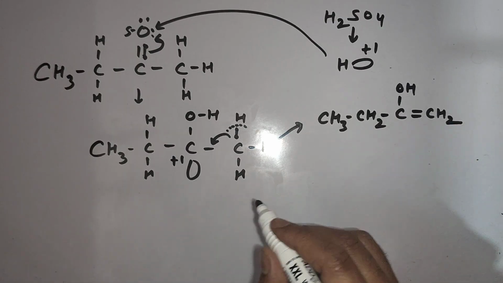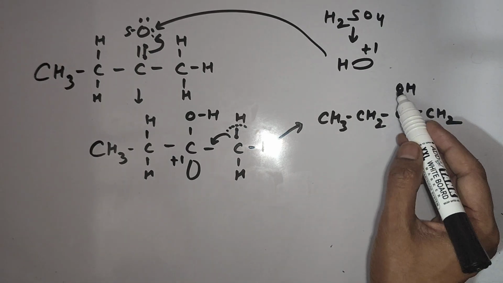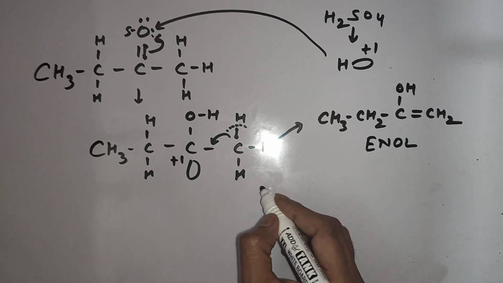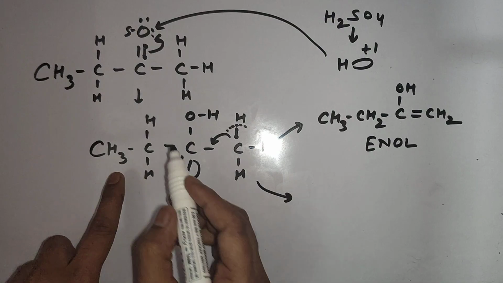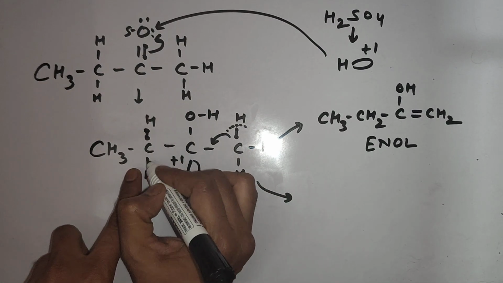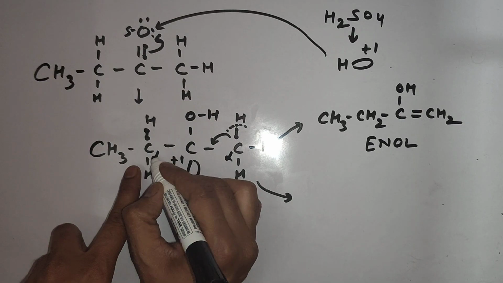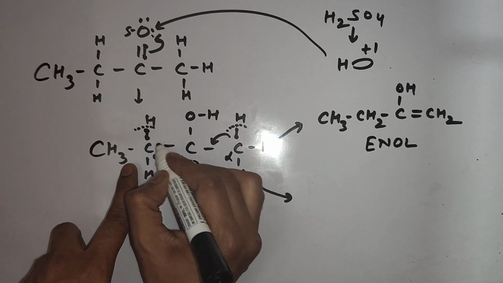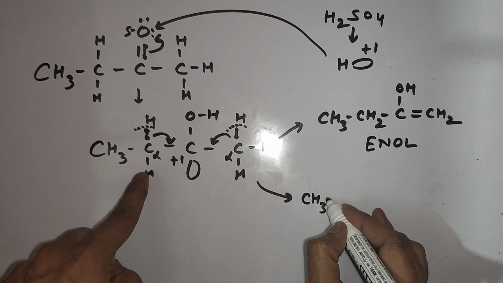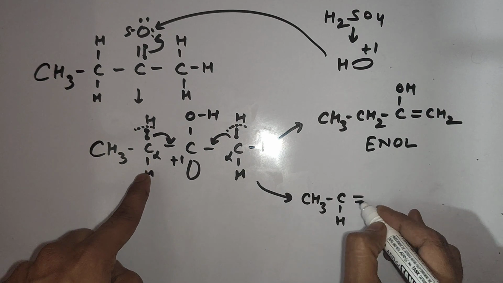This enol can be generated. En means double bond, ol for OH, enol. Yesterday also we discussed the same mechanism. Second option, from this carbon, this is alpha carbon, this is also alpha carbon. If I use this alpha hydrogen, the enol generated will be this one.